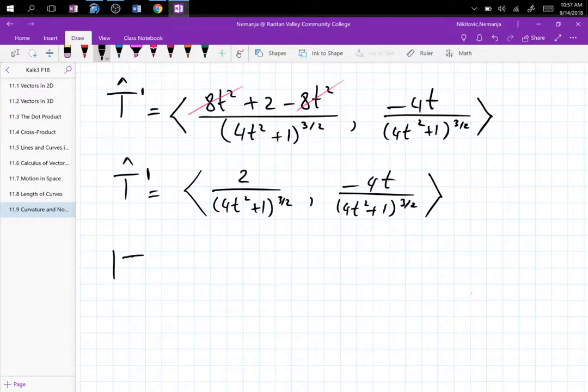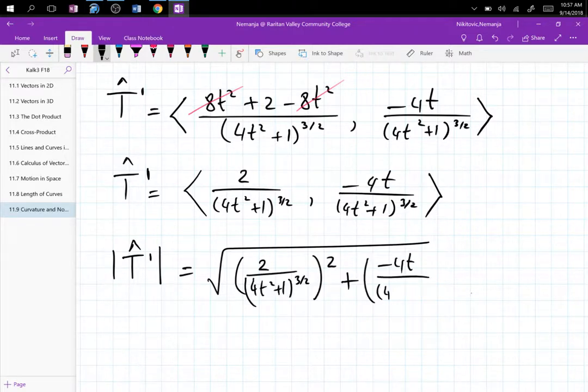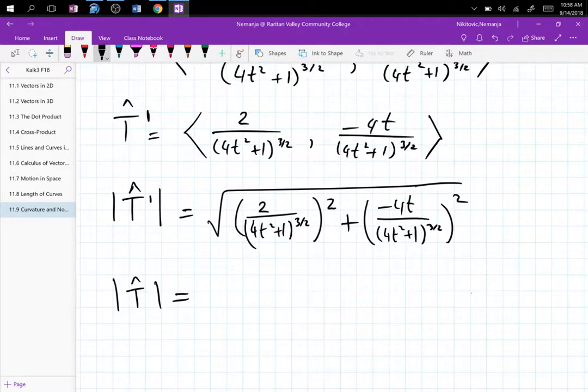So the T prime magnitude is the square root of (2 over (4t squared plus 1) to the 3 halves) squared plus (negative 4t over (4t squared plus 1) to the 3 halves) squared. That gives us, now the cool part here is that you get 4 over, and then it just kills the half.